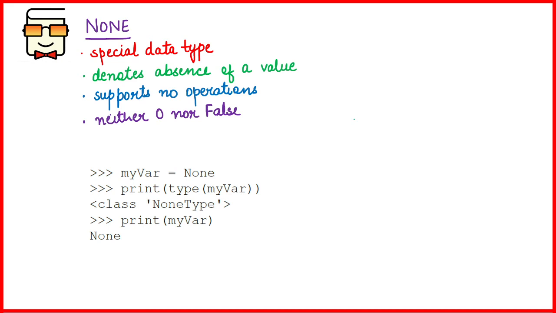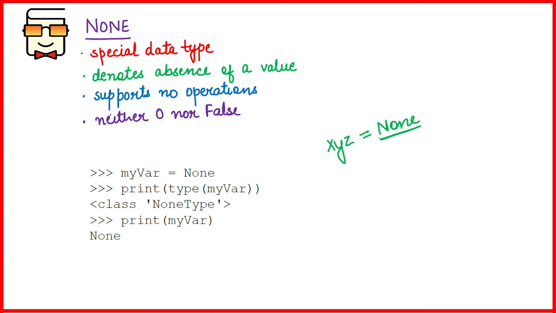So you can create a variable, say xyz, and you can assign it the value none. So this data type has a single value and the value is itself none. Okay, so when you create a none variable, you assign it the value none without quotes. Okay, so it denotes an absence of value.